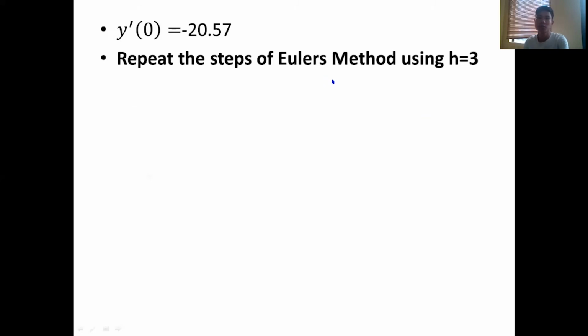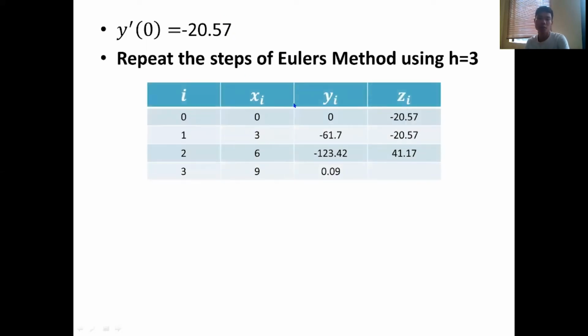If we repeat the steps of Euler's method using h equals 3 and using this initial value, negative 20.57, we will get these values. At the last step, i equals 3, we will obtain 0.09. That is now closer to the exact target, which is y must be equal to 0.